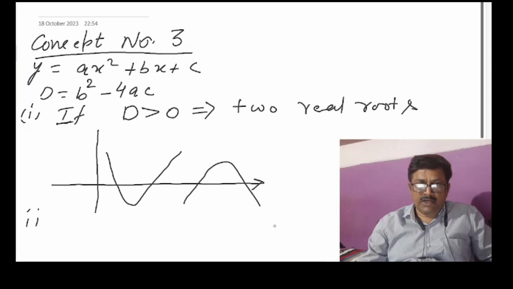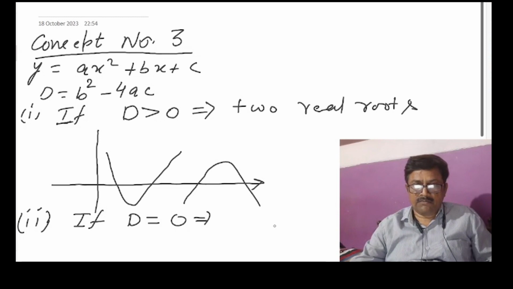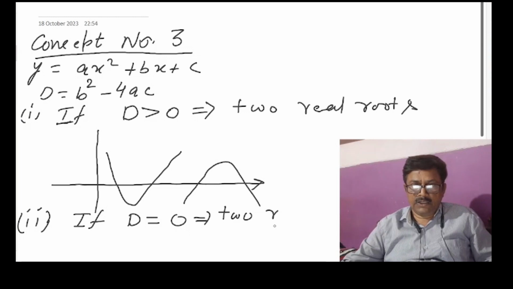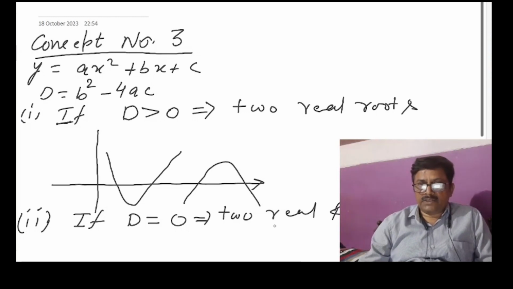Now the second point of this concept. If the discriminant is equal to 0, it means this quadratic equation has two real and equal roots.